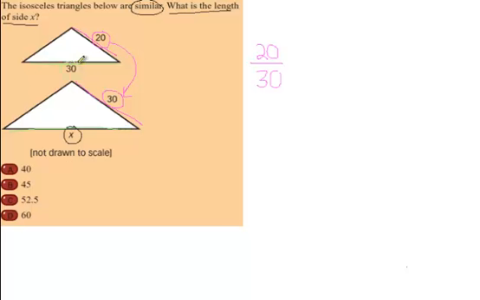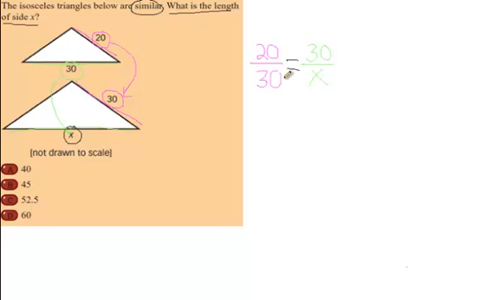So I write 30, and my arrow goes to x. So 30 over x. That is how you write a proportion for similar triangles. 20 over 30 equals 30 over x.